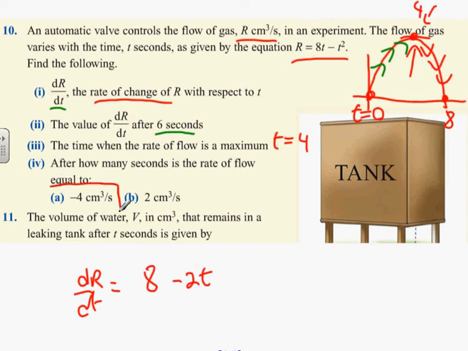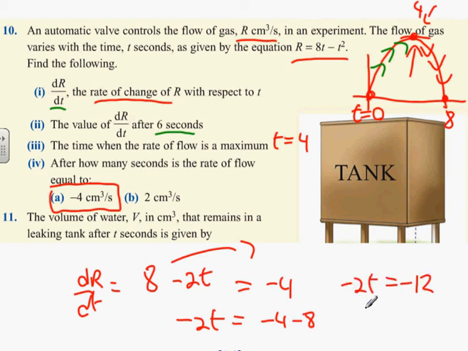Next one. When your slope equals 2, are you on your way up or your way down? If your slope equals 2, are you on your way up or your way down? You're on your way up. So you're expecting an answer in between 0 and 4. Okay. What do you do to solve this equation?